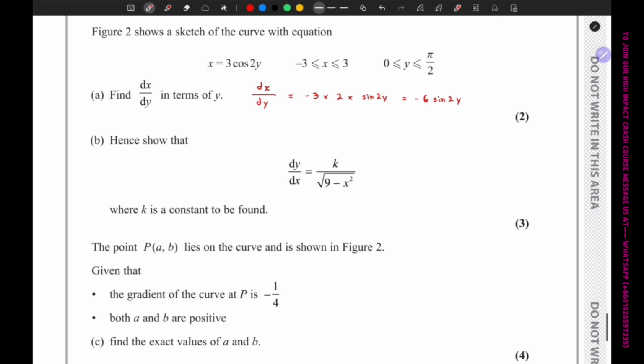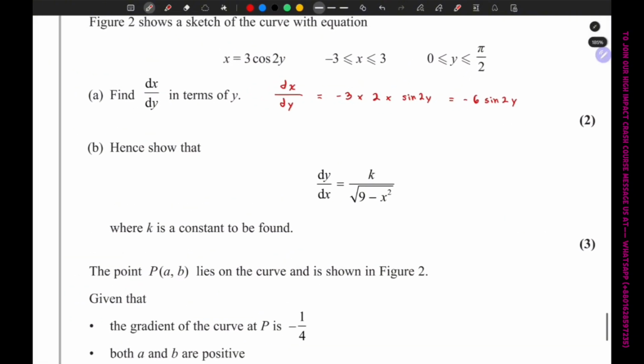Now in the next part we need to show that dy over dx is equal to this value. So we need to show it in terms of x only, there will not be any y. There's a constant and there's an x. There is no y in the equation.